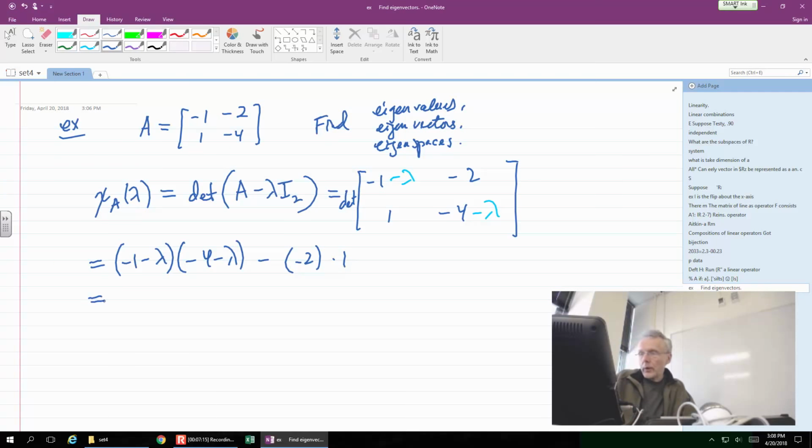Okay, so what do I have here? 1 plus 4 lambda plus lambda plus lambda squared plus 2. Okay, let's see, lambda squared plus 5 lambda plus 3.